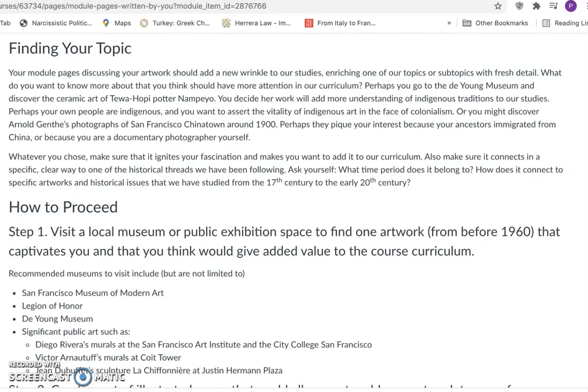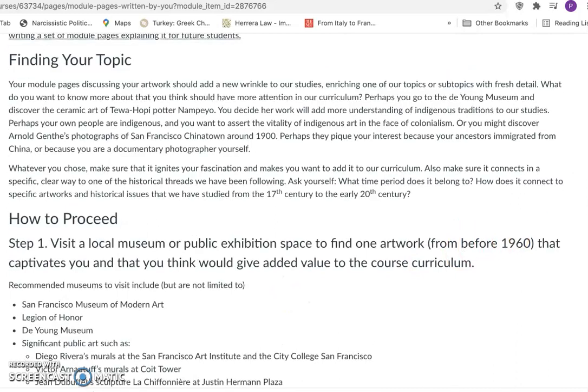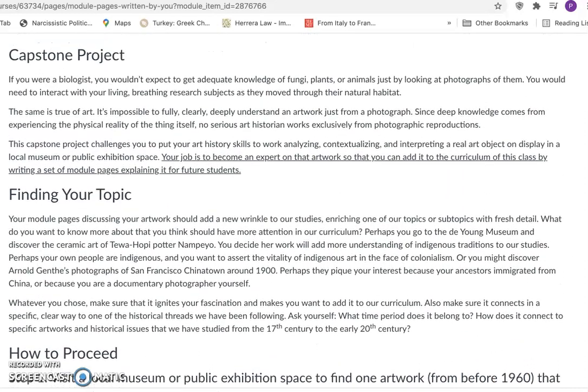This is somewhat under control because another important scientific advance related to Pasteur's germ theory of disease are vaccines. So you can actually go to museums again. The San Francisco Museum of Modern Art is open. The Legion of Honor is open. The De Young Museum. These are all incredible places where you can actually see artworks in the flesh, as I like to say, because this particular capstone project is about going on a visit to see an artwork.